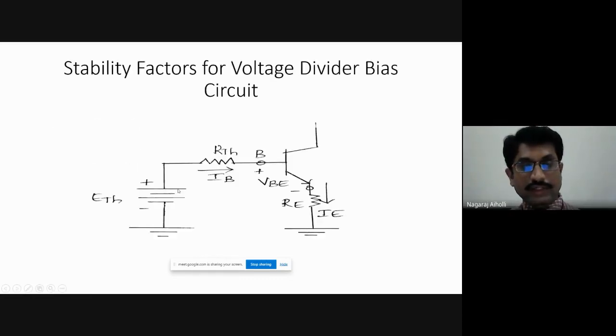Now in this circuit, we apply KVL to the input portion. What do we get?